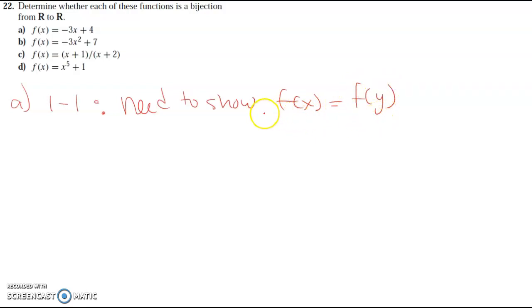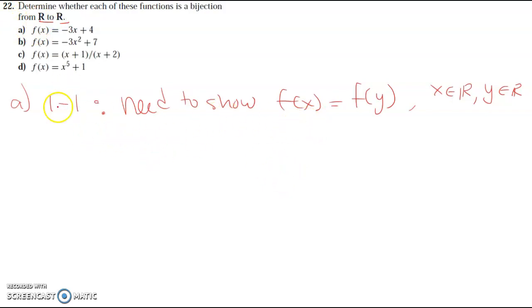Okay? So this would be our general rule. To prove one-to-one, we need to show that for some value x, and we can even say x is in R, and also y is in R, because we're mapping from R to R.